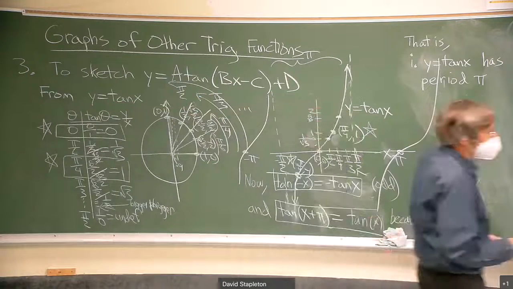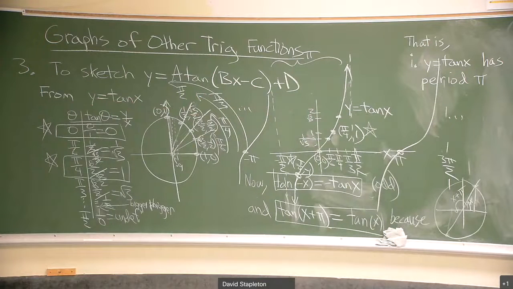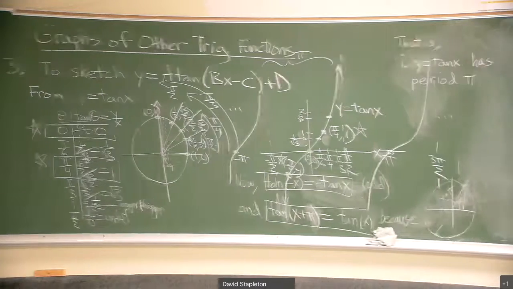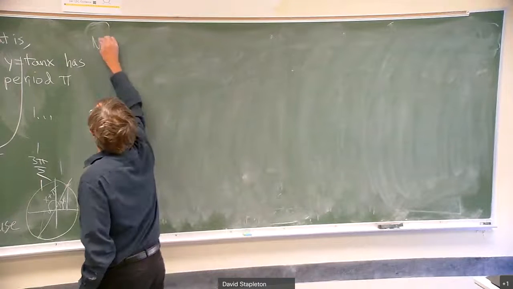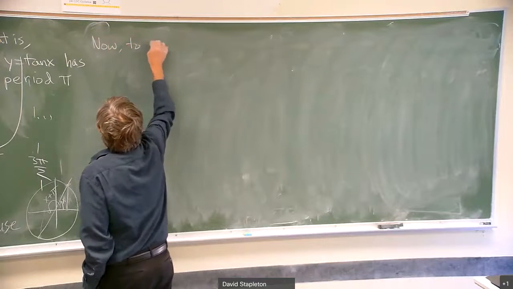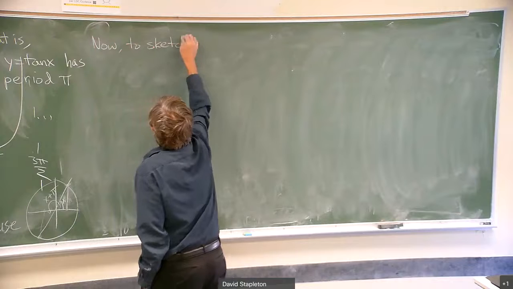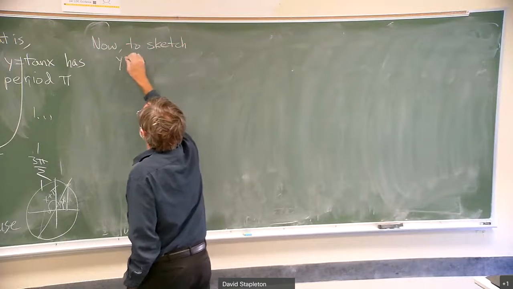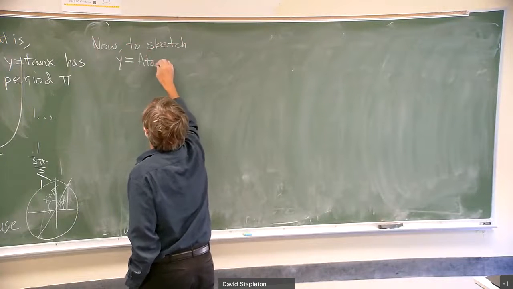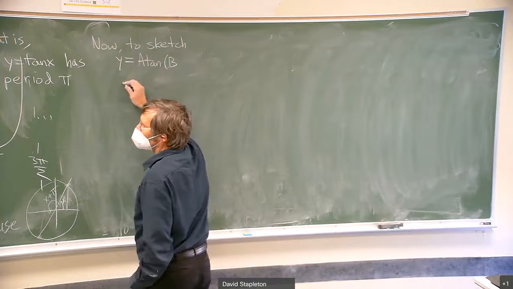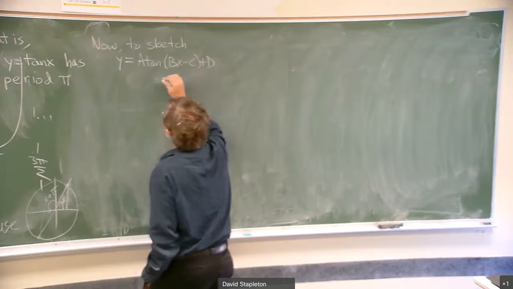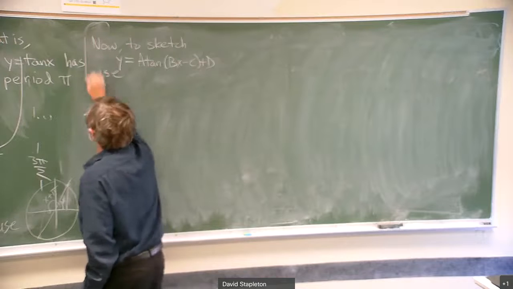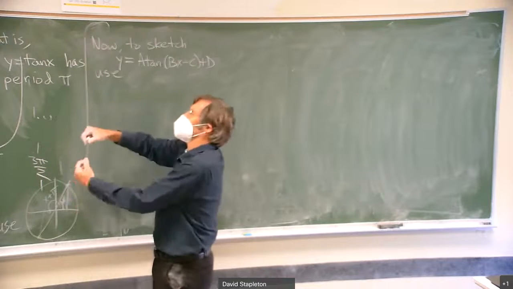Let's move this over. To sketch y equals what we wanted at the beginning, a tangent of bx minus c plus d, we don't want to go through and figure out the stretch and the move over.